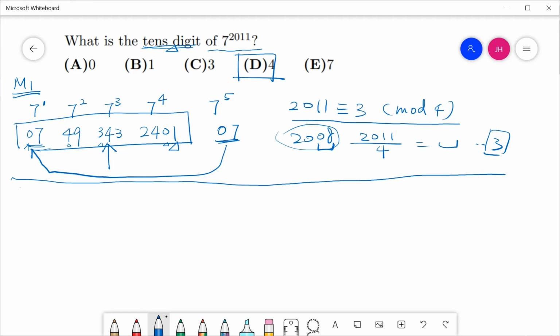Okay, let me introduce the second methodology. What I noticed while reading this problem is that 7 squared equals 49. A good thing about this is that it equals 50 minus 1.